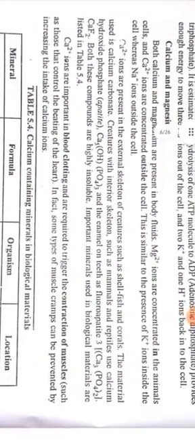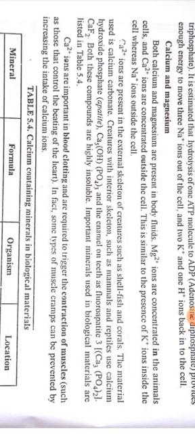Next, calcium and magnesium. Both calcium and magnesium are present in our fluid. Magnesium ions are concentrated in an animal cell and calcium ions are concentrated outside the cell. This is similar to the presence of K+ inside the cell whereas sodium ion is outside the cell.